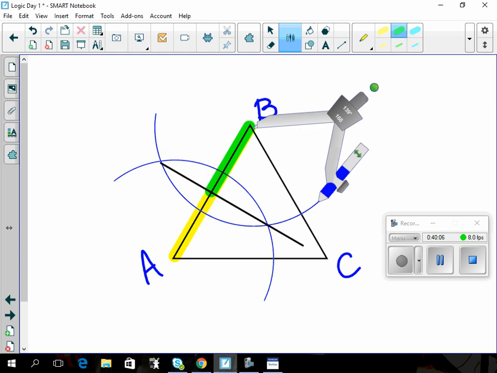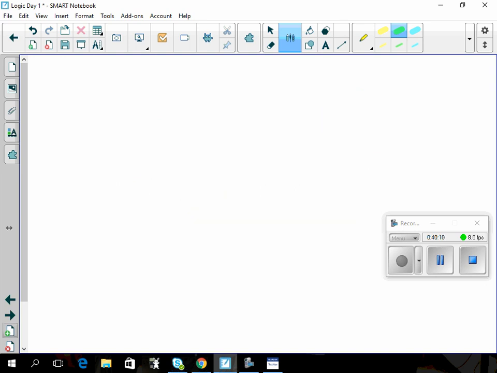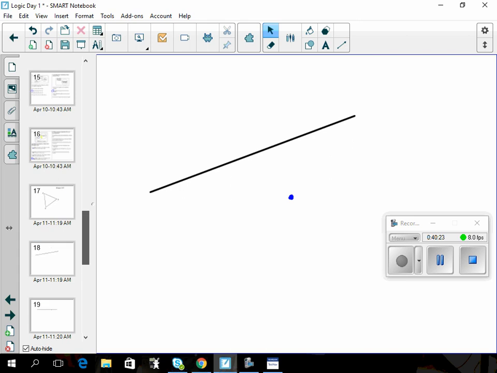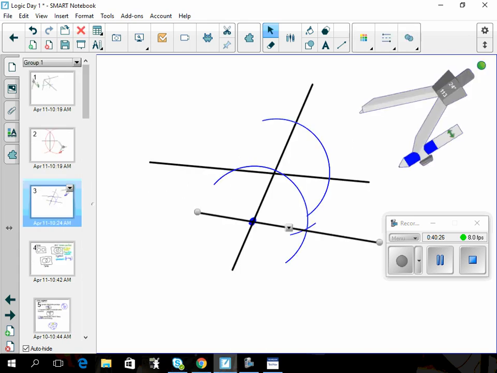All right, what's the next construction? Construct a line parallel to a line through a point not on the line. What do you think the first step is in the construction?